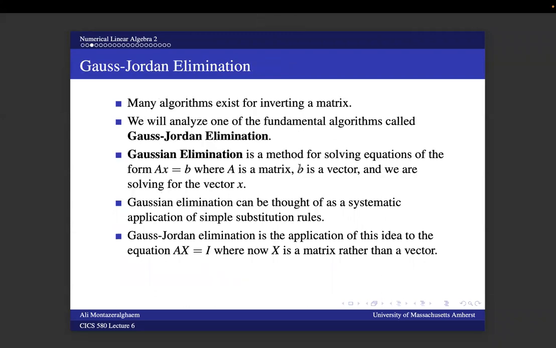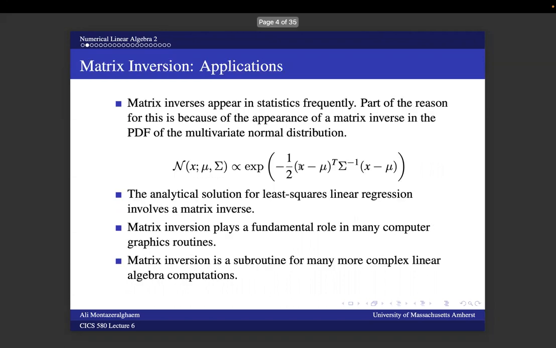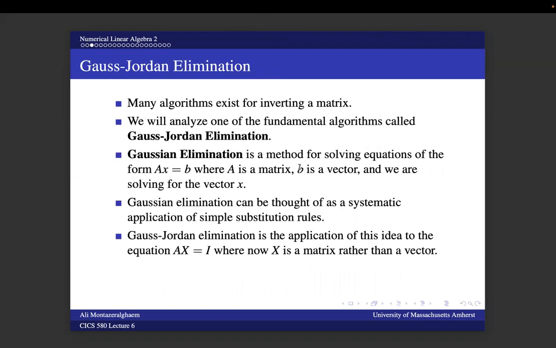The algorithm that we want to talk about to find matrix inversion is Gauss-Jordan elimination, and this is a fundamental algorithm. Before that, we want to introduce a simpler version of this algorithm, which is Gaussian elimination.